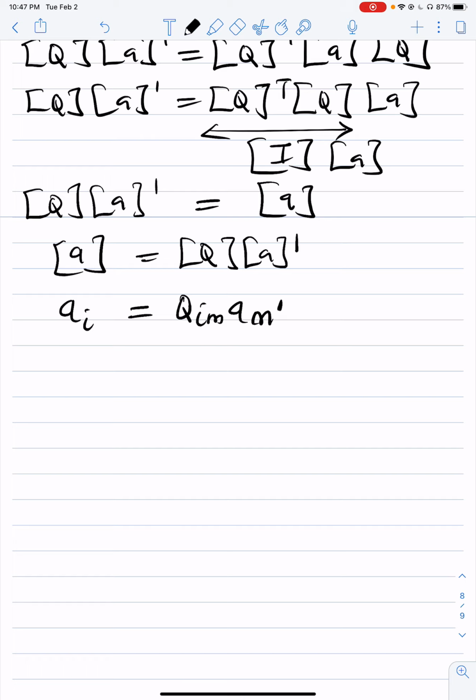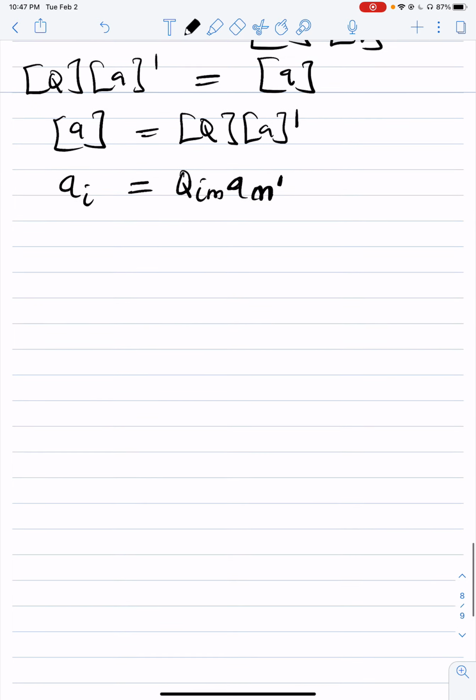And based on what we've learned before, all this is trying to tell us that the components of A_m prime, when acted upon by Q_im, gives A_i. Let's look at this final part, which is an example that will make things very easy. Then we'll close this session.